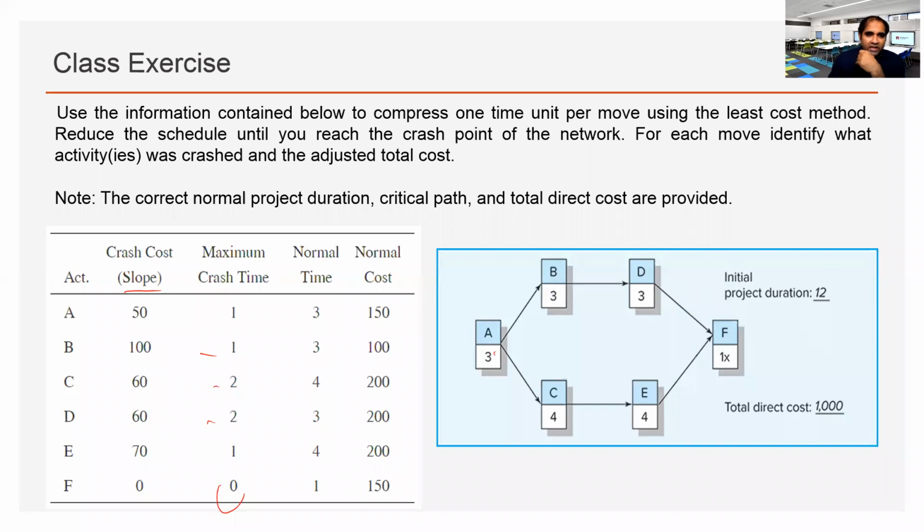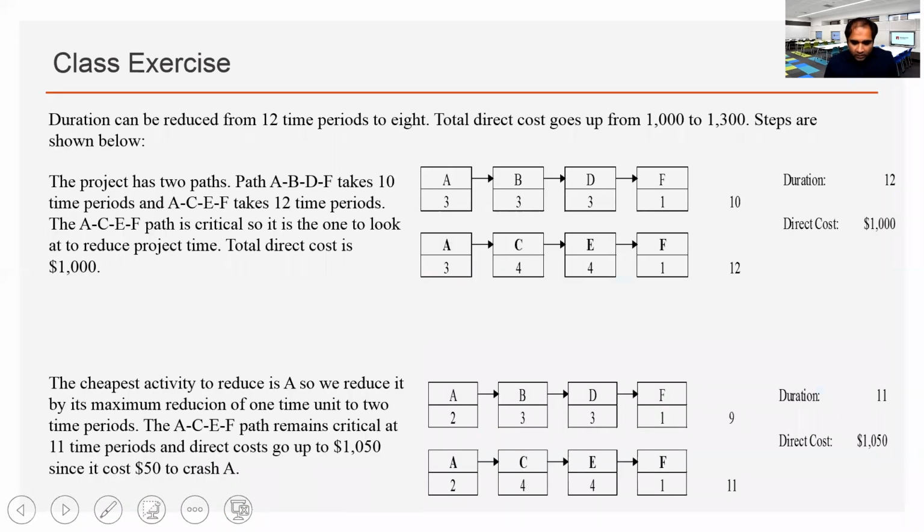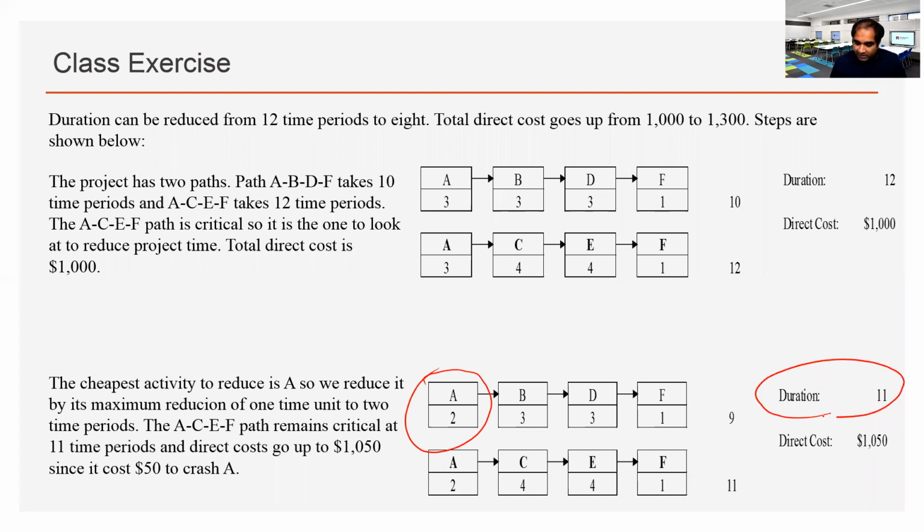So now let's crash A to 2 days, and that will increase the project cost by $50. If you crash A to 2 days, the duration will be reduced down to 11 days with the total direct cost of 1,050. That's clear, right?